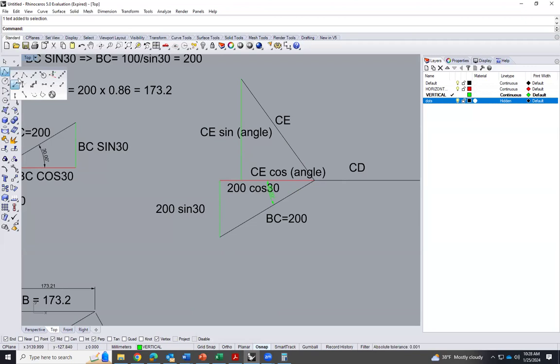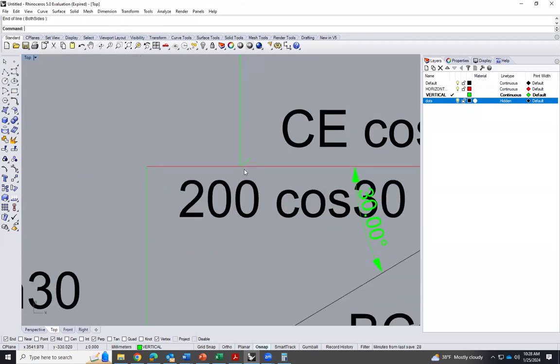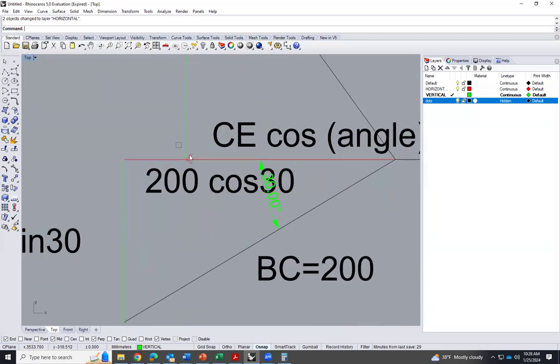If we draw an arrow, like this, that will be a horizontal component. We have two vectors here.